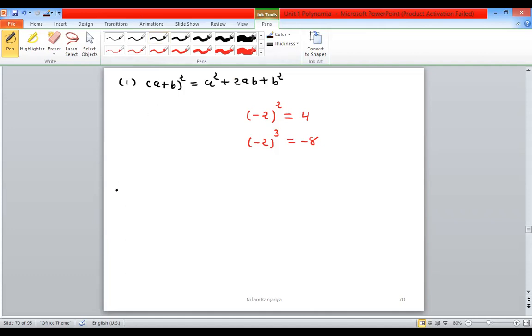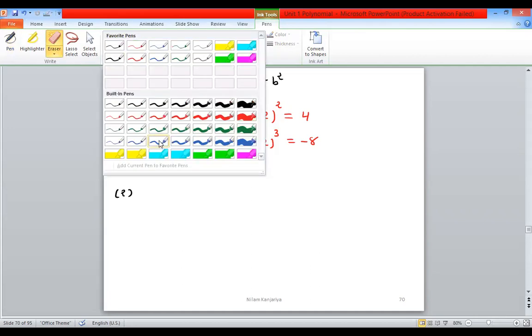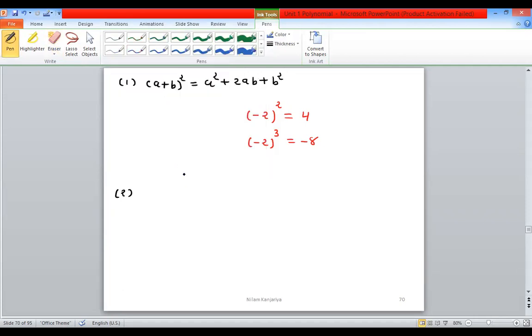So using this, we can just change. In this equation, first question, I just take b is equal to minus b here. Now minus b. So what happened here? The formula will be changed and it will be a minus b whole square. You just put b is equal to minus b.